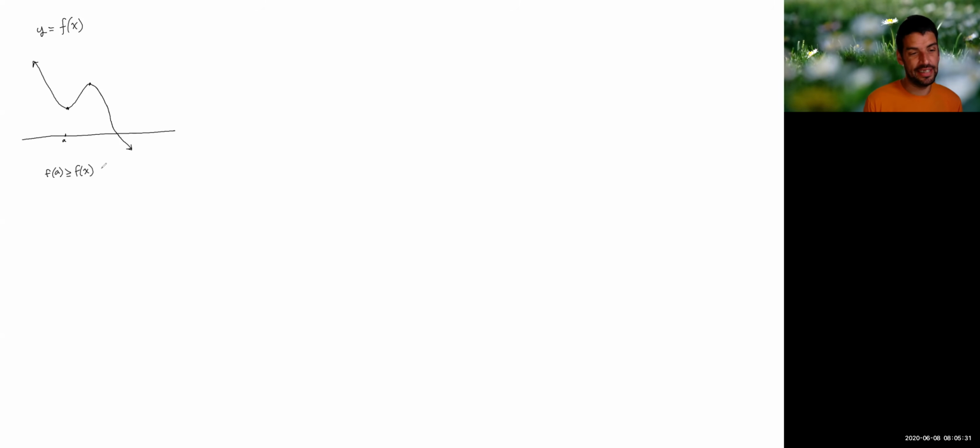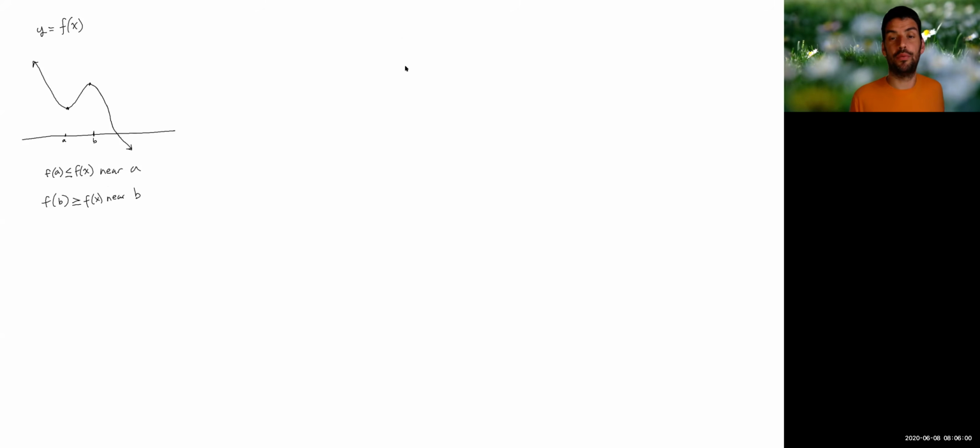Sorry, I wrote that one the wrong way. F of A is supposed to be less than or equal to, it's our local minimum. And similarly, let's call this B, f of B is greater than or equal to f of x near B.